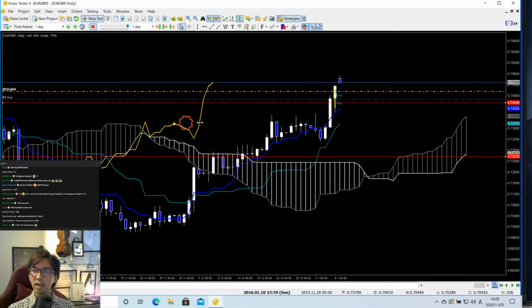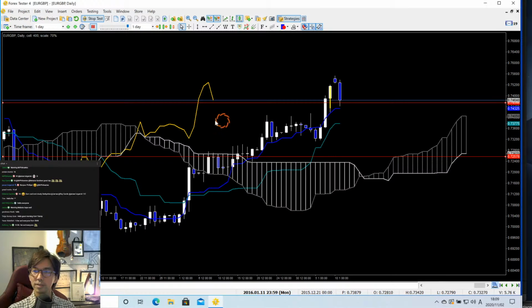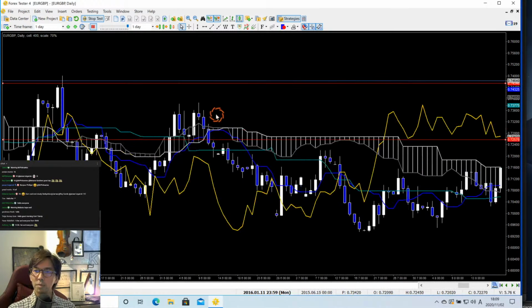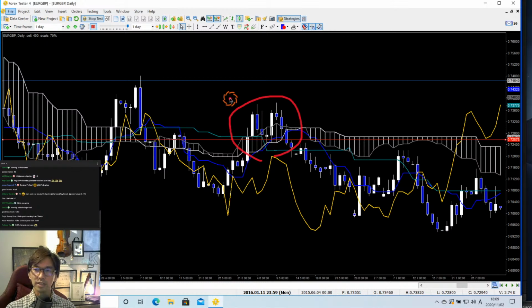Let me move back a little bit. In this market over here, we can see the double top, and after this recent low breaks downwards, we can expect the market to continue to go down this way.